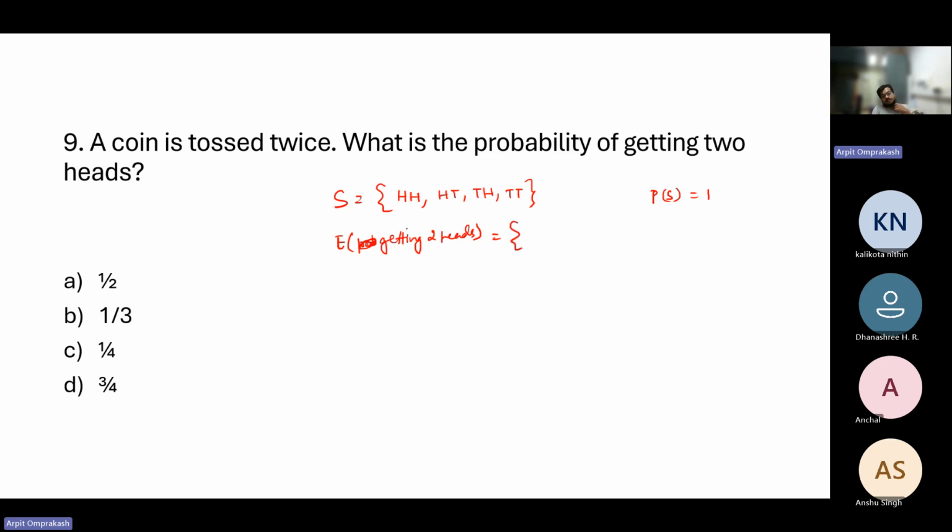This will be a subset of the sample space, and this will basically be this, because we are getting 2 heads. This is the only case in the sample space where this is occurring, right? So the probability of E is given as number of items in E by number of items in S, so number of observations in which the event happens divided by total number of observations. So what we'll have is 1 divided by 4, which is 1 by 4. So the answer here will be option C, 1 by 4.